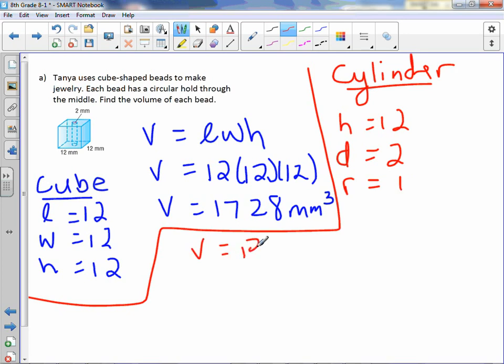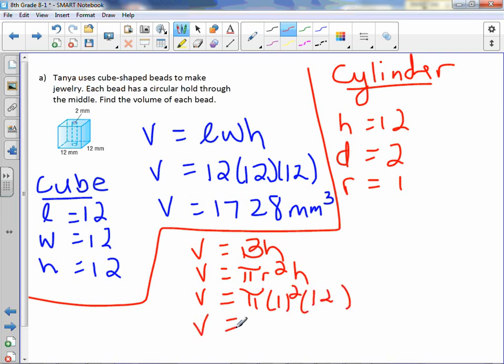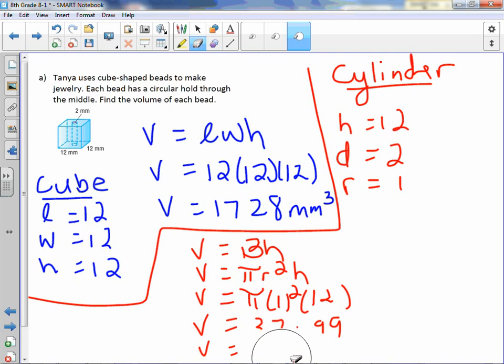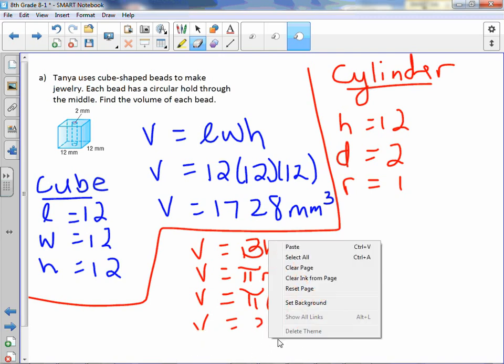Volume equals pi r squared h. Volume equals pi, radius is 1, and our height is 12. Volume equals 37.699. We'll round at the end, so we'll leave it as 37.699.